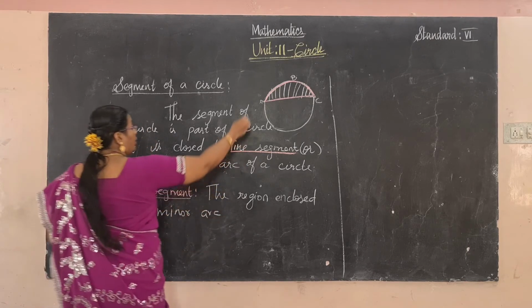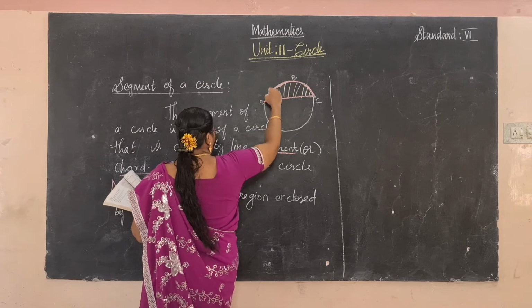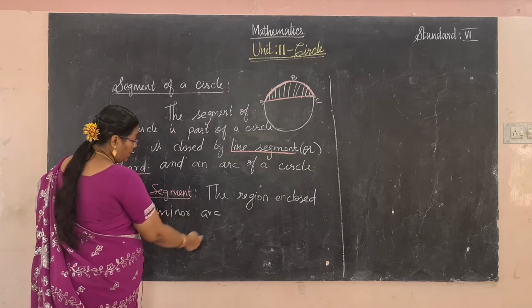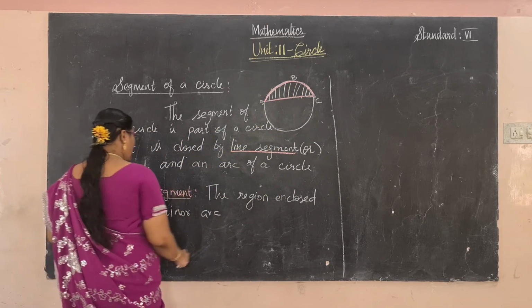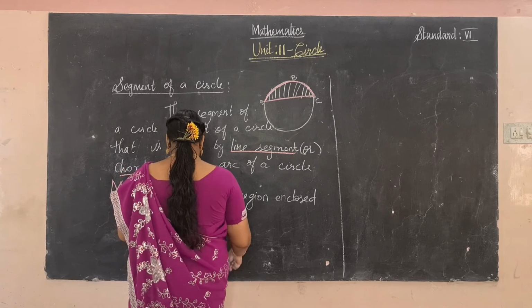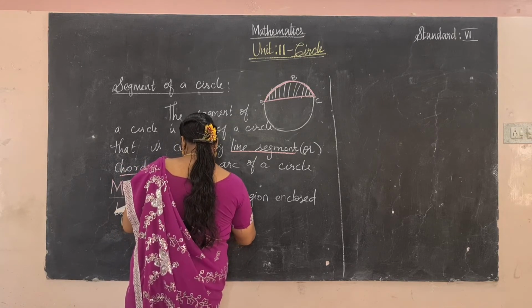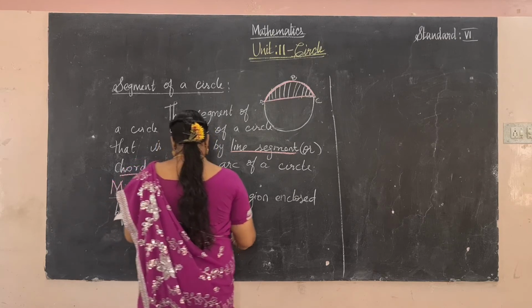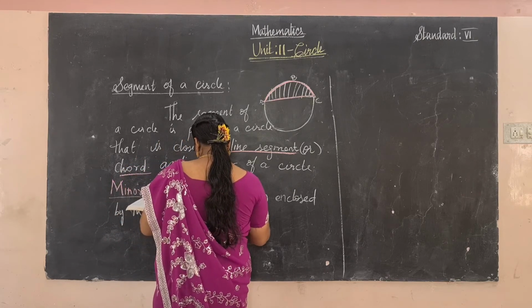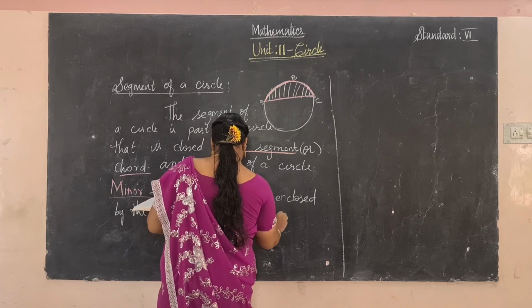ABC is a minor arc. So the region enclosed by the minor arc is called the minor segment. Minor arc and its corresponding chord.